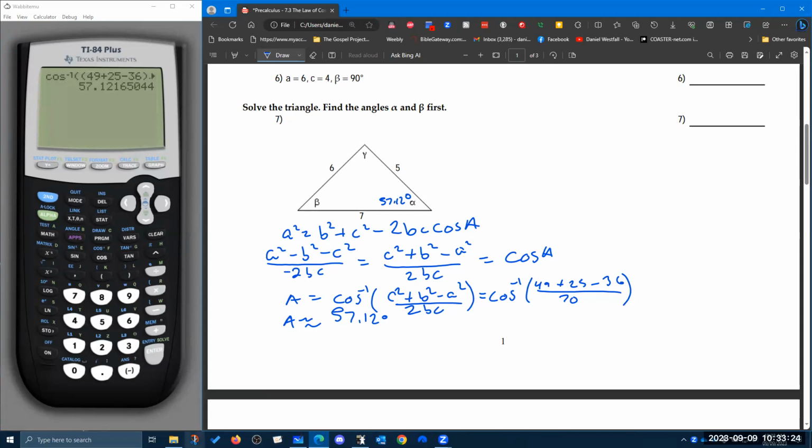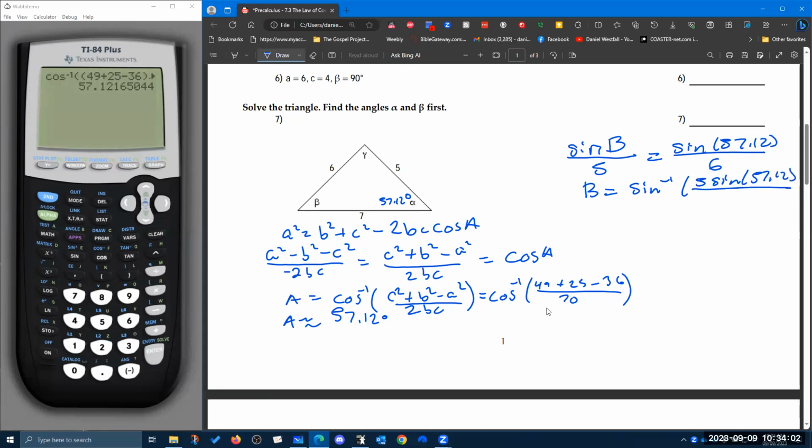And then we want to find beta, which is angle B. And we can use the law of sines for that now. So sine of B over side b is equal to sine of, let's just call it 57.12, divided by 6. So B is equal to arc sine of 5 sine 57.12 divided by 6.